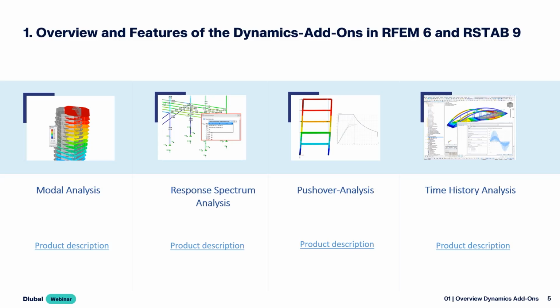But at, let's say, pendulum impact or explosions, or at performance-based design, there we will need to take damage into account, or geometric nonlinearities, or whatever nonlinearity there could be. So there we would also need the more complex one, the nonlinear time history analysis. And this will be the topic of today.